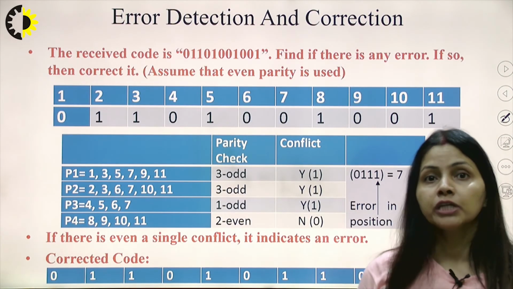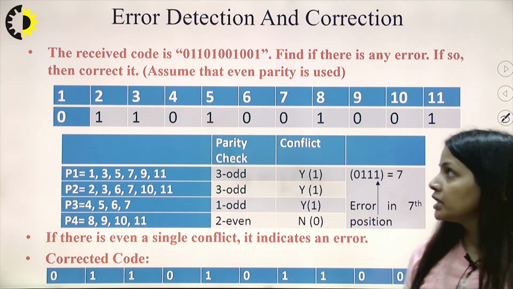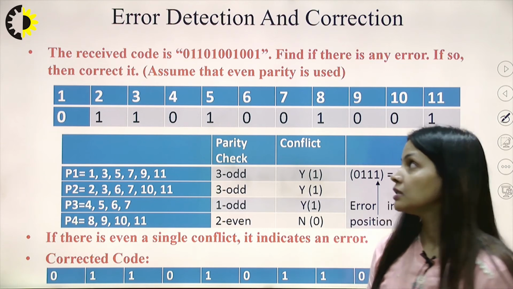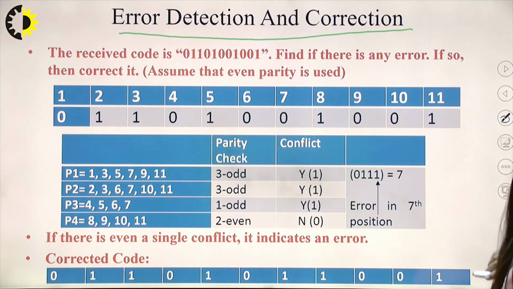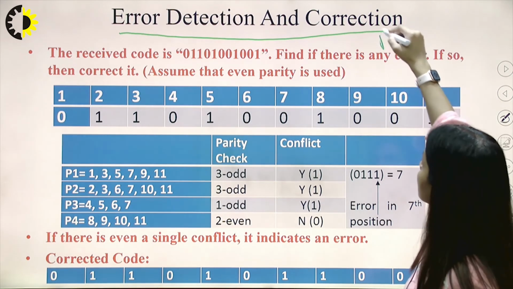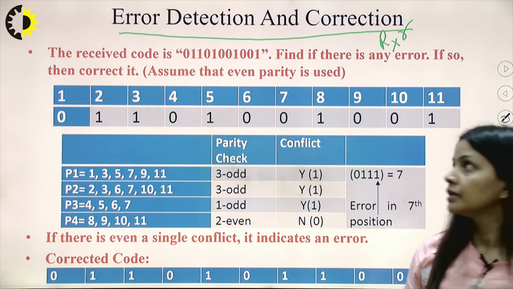Now coming to the receiver part, what does it mean? That means error detection and correction will be done only at the receiver, right?